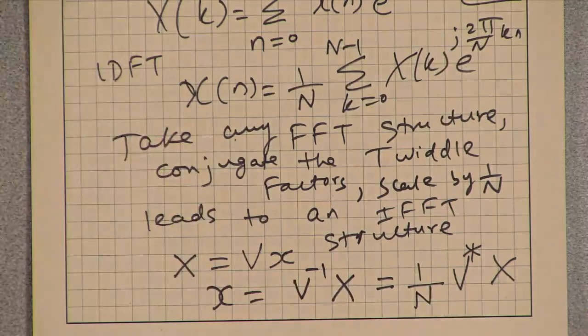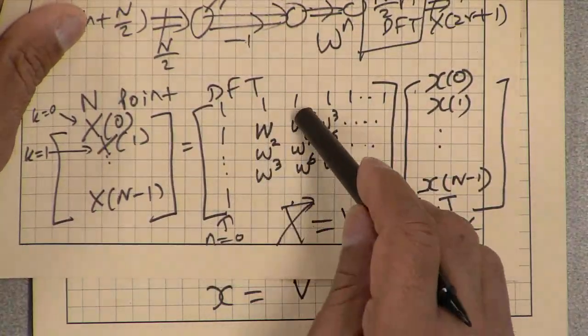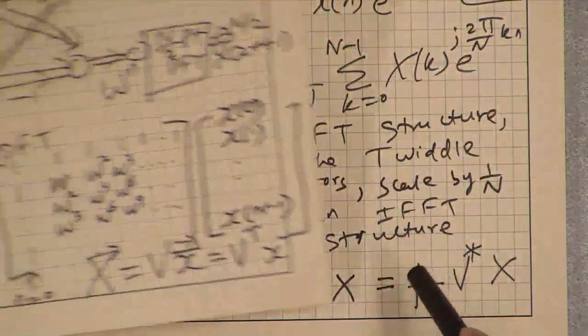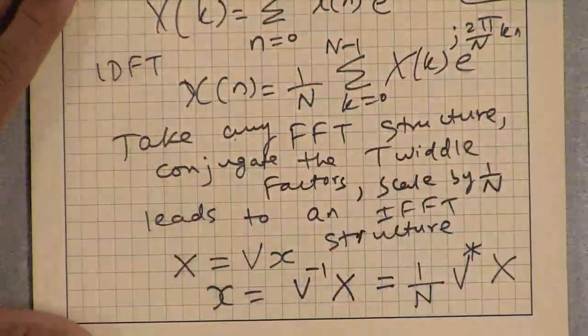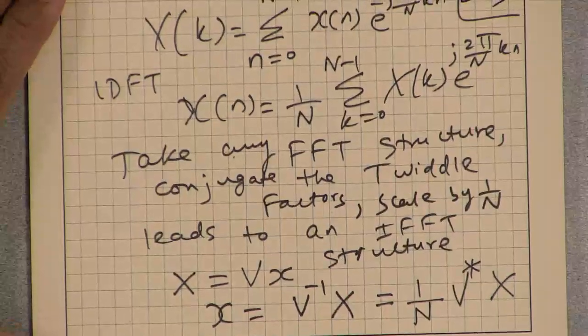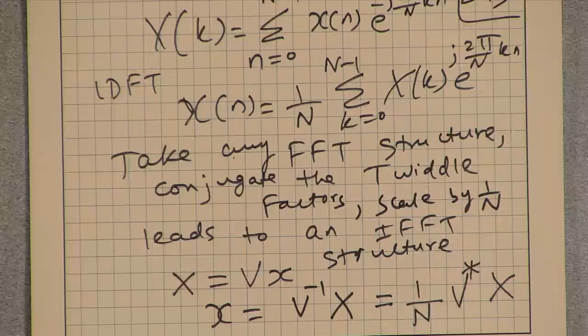All that we are doing is that the DFT matrix that I had shown using the twiddle factors, you just conjugate all of those. So all these things are conjugated, and then a scale factor of 1 by N, and that becomes the IDFT. Okay, that's briefly about IDFT or IFFT.